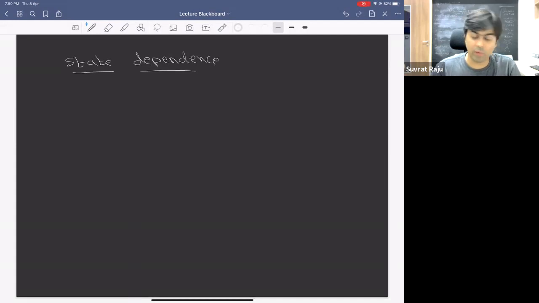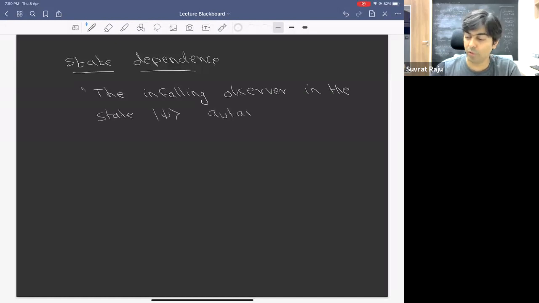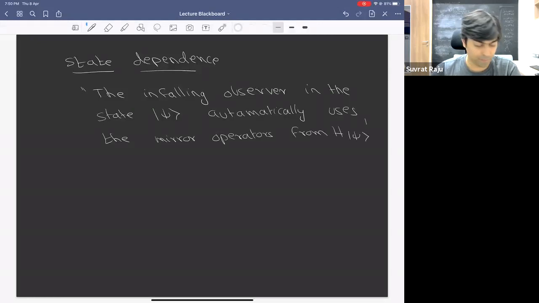In state dependence, we abandon the idea of trying to find a single operator that works in all states, but rather we declare that the infalling observer in the state psi automatically uses the mirror operators from H psi, or from the little Hilbert space constructed about psi.